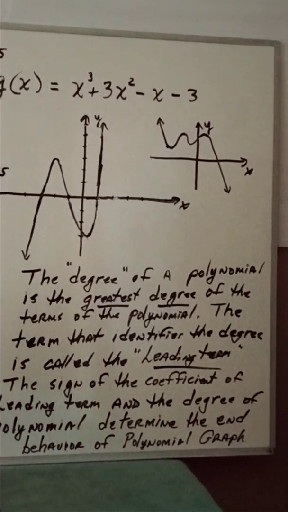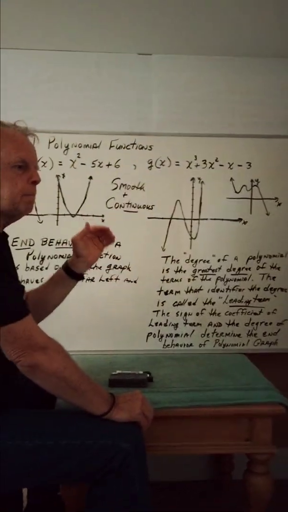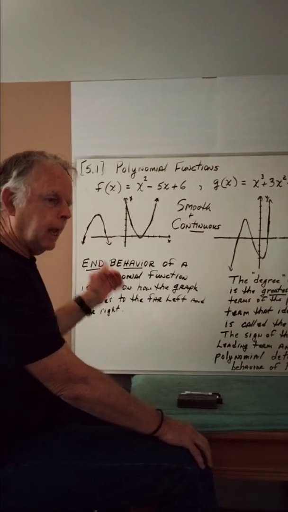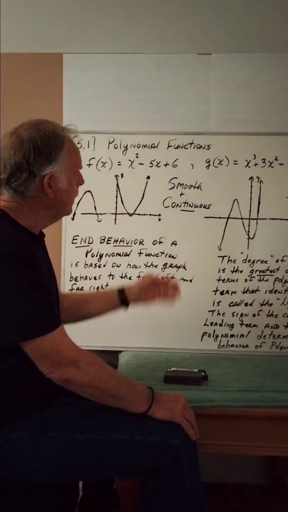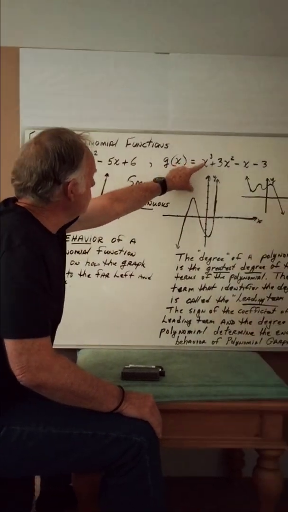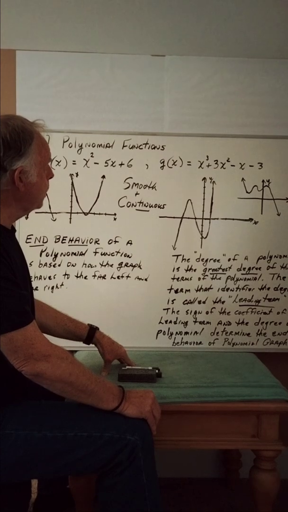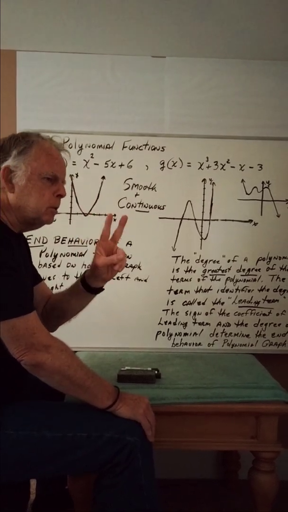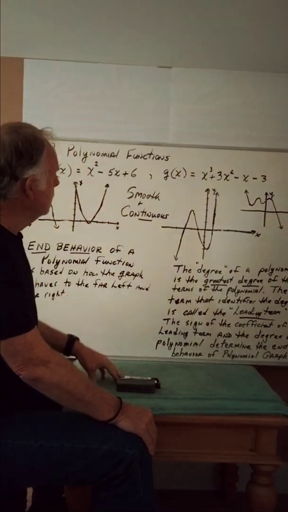Now, the key test that is going to define the end behavior of the graph of a polynomial function has to do with the lead term of the polynomial expression. There are 2 specific things about the lead term.